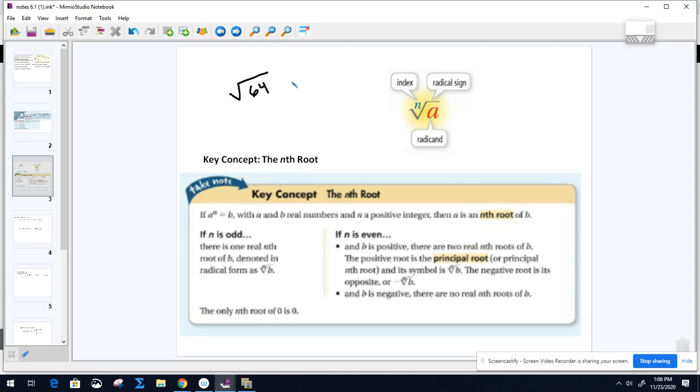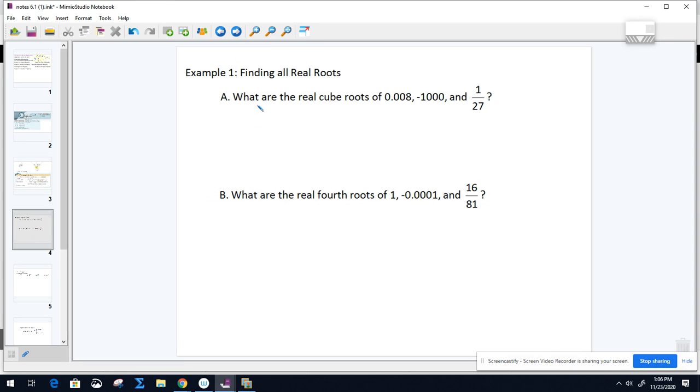So we're going to look at a few problems here and just understand it's really, again, I'm asking you what number could I multiply to equal the number when we talk about a cube root or a fourth root. So for this first one, find all real roots. First of all, I'm dealing with cube roots, which means the index here is odd. So for part A here, the index is odd, which means that I'm going to have one real root.